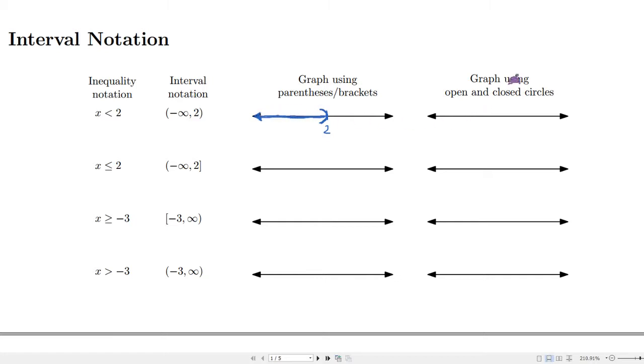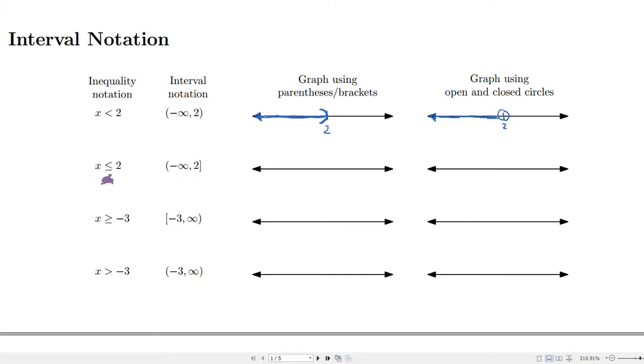Okay. Graph using open circles and closed circles, like I did above, we would designate 2, and we're going to put an open circle because this is strictly less than, and then just fill in the part of the real line that has the solution.